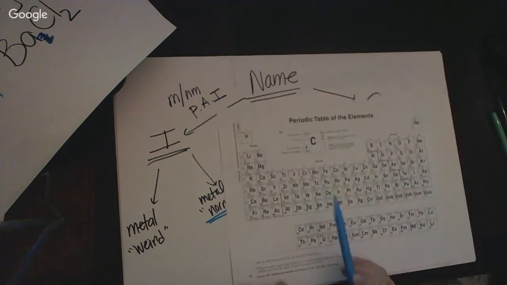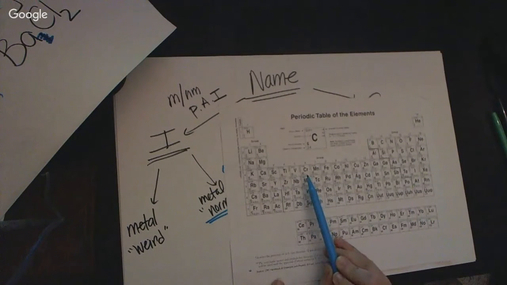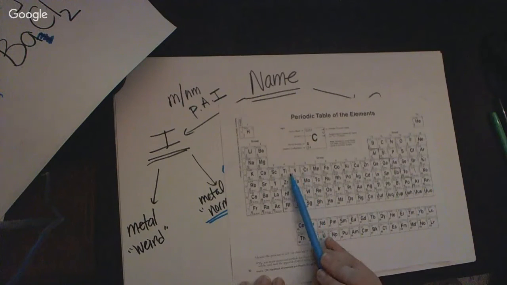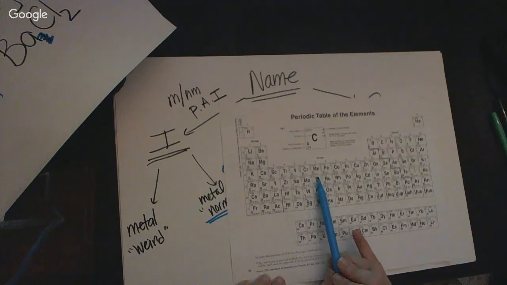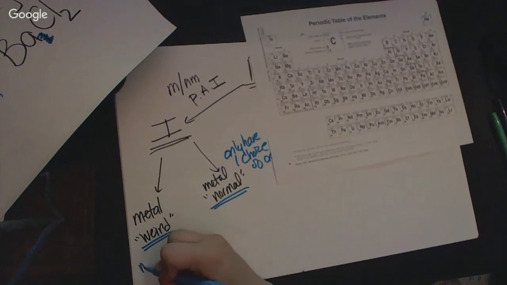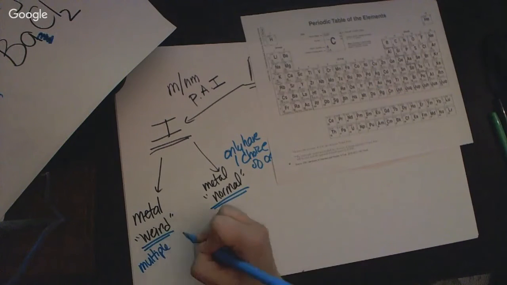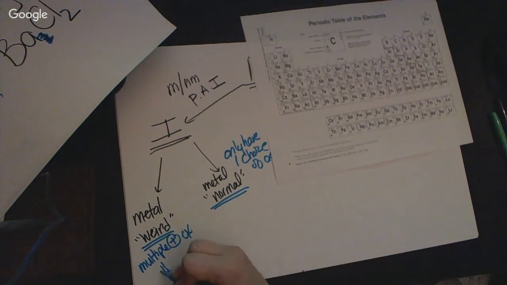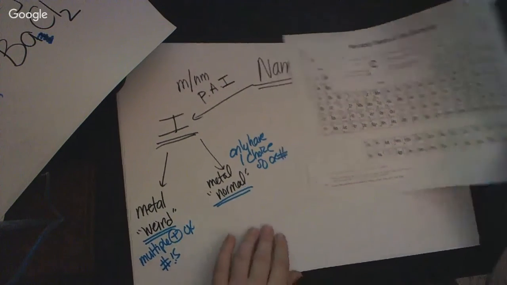As opposed to somebody like vanadium who's got 4 choices. Somebody like titanium who's got 3 choices. Chromium, manganese, they've got crazy choices. This is the definition of weird. They have multiple positive oxidation numbers. That's what I mean by normal versus weird.